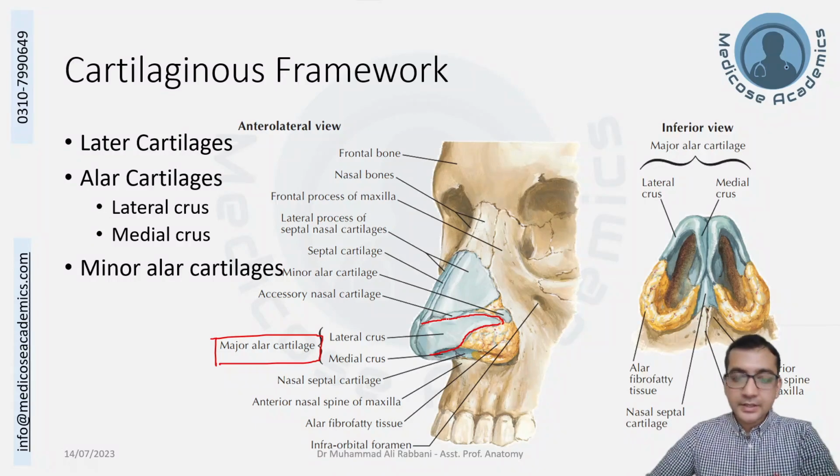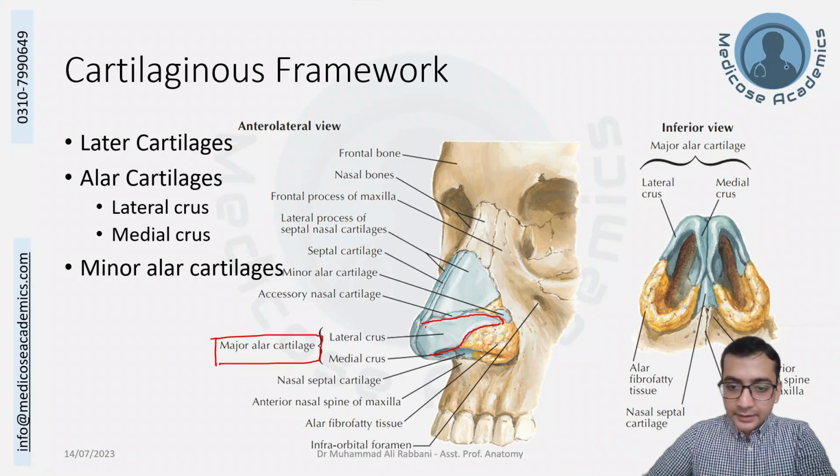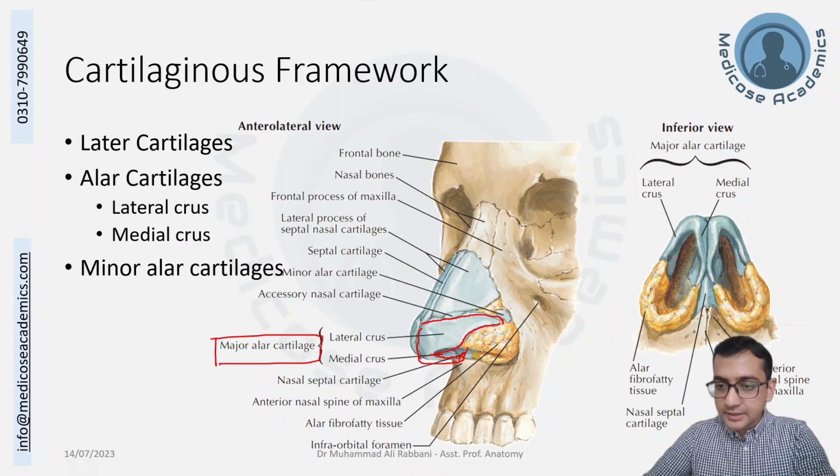The part of it on the lateral aspect of the nose is the major alar cartilage, and it bends in the midline.